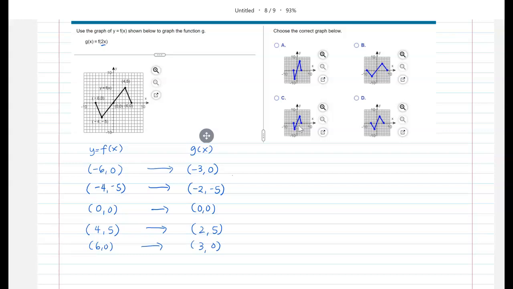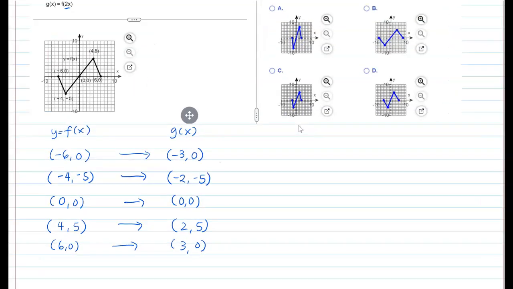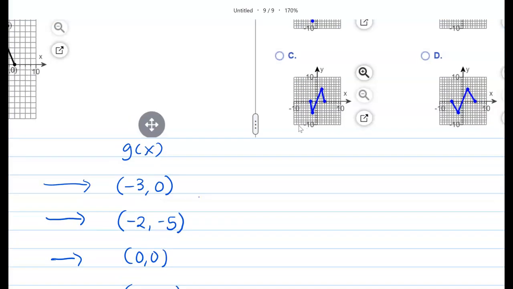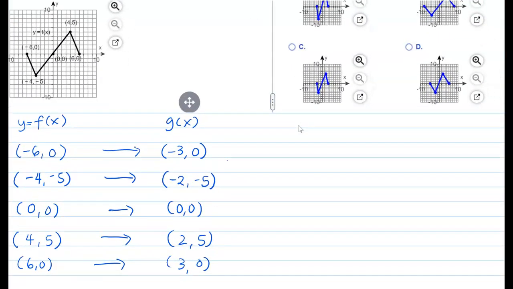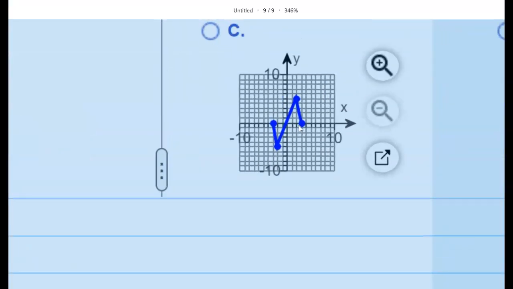So let's take a look at the points there. Let's expand this. We are looking at negative 3, 0 and negative 2, negative 5. So negative 3, 0, negative 2, negative 5: 1, 2, 3, 4, 5.